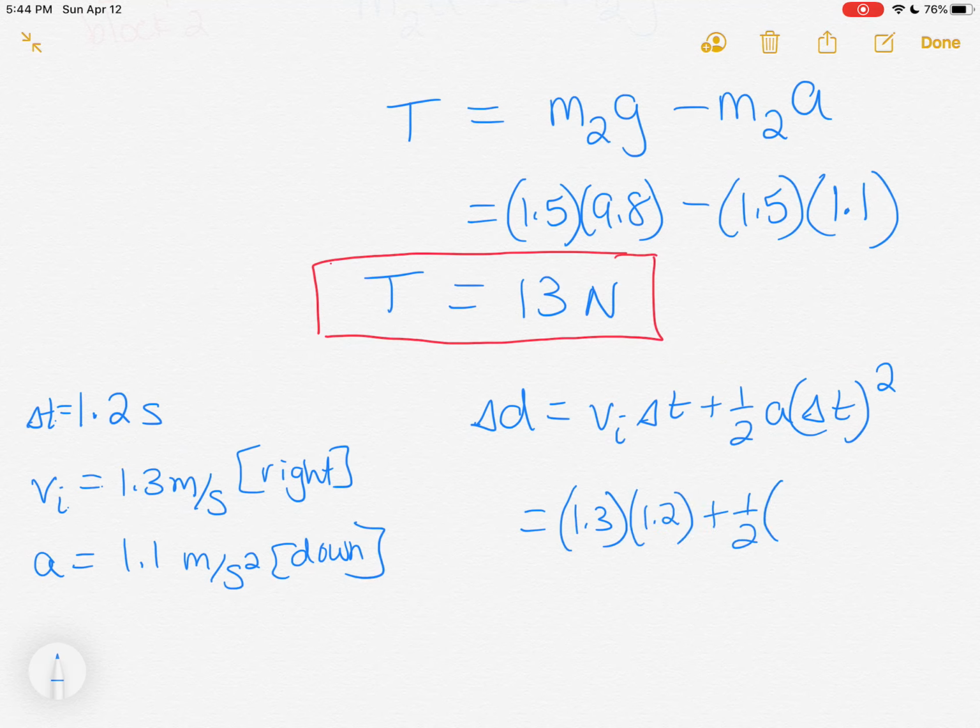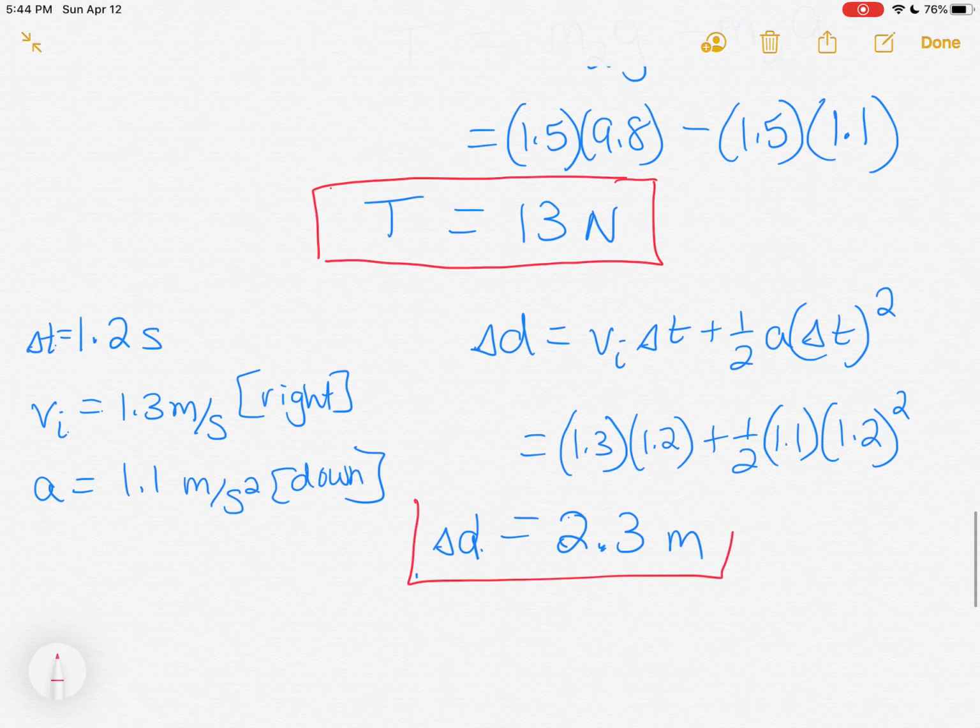We're going 1.2 seconds. Our acceleration is 1.1. And so then we're just going to plug that into our calculator. And we got a displacement of 2.3 meters.